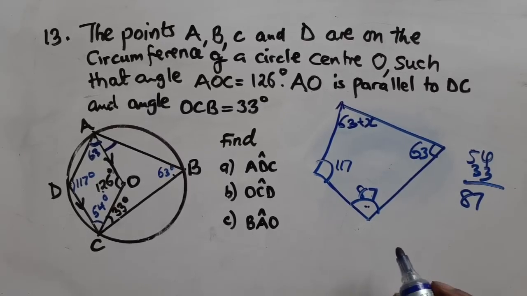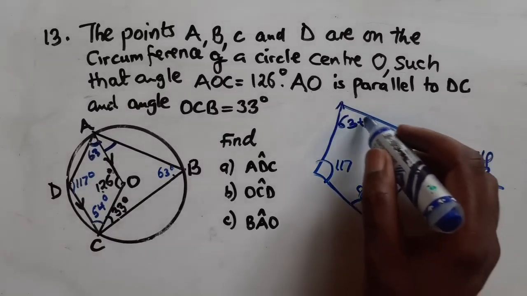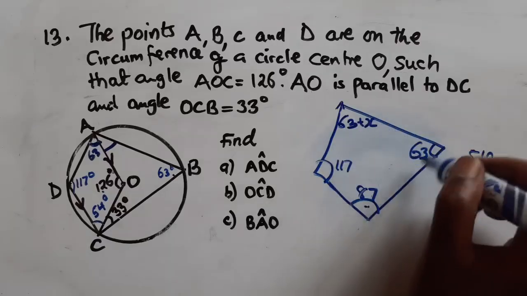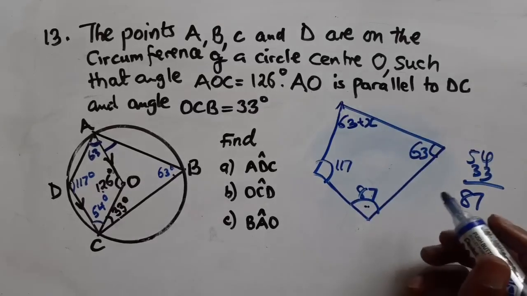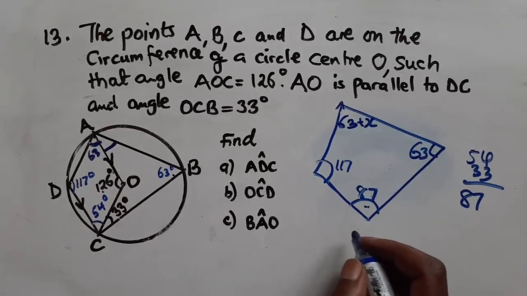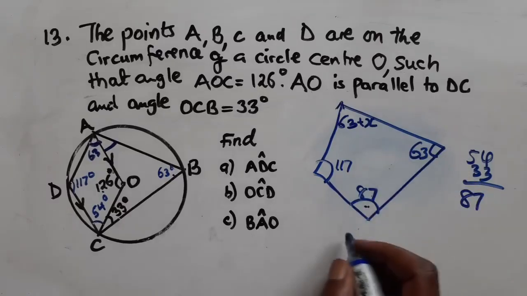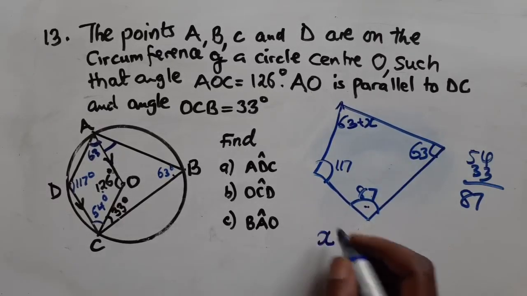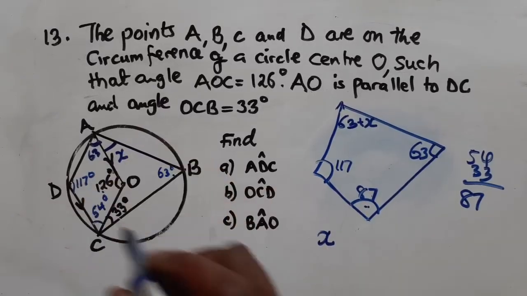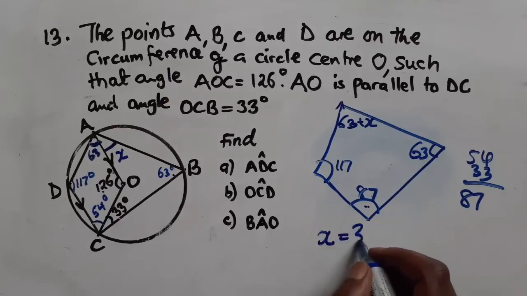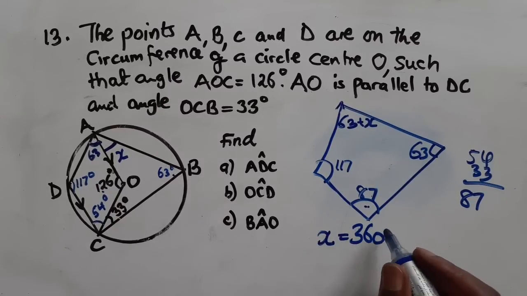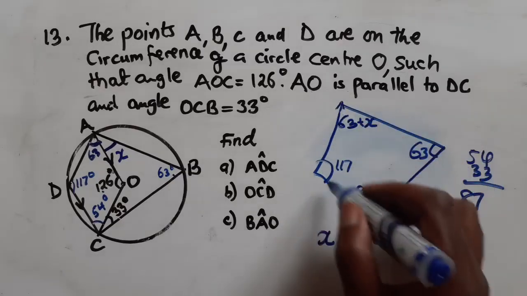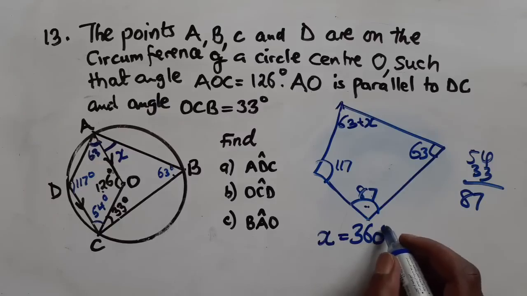So what are we supposed to do here? We add all these and equate them to 360 and see what we're going to get. Or in other words, we are going to say X plus these angles is equal to 360. Why 360? The four angles in a four-sided polygon, which is a quadrilateral, add up to 360.